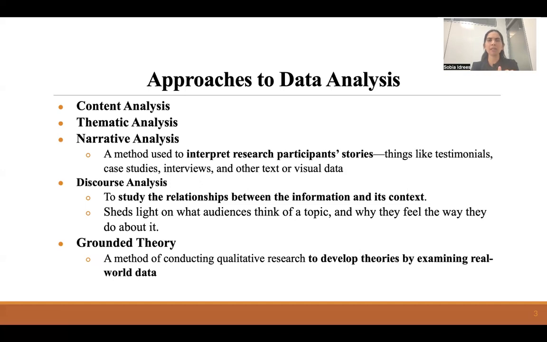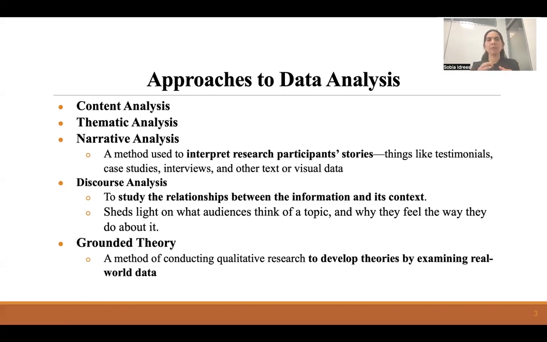For grounded theory, as we discussed when we learned about different designs of qualitative research, the ultimate aim of doing the research is to build a theory or a theoretical framework. The analysis method works in the same way.